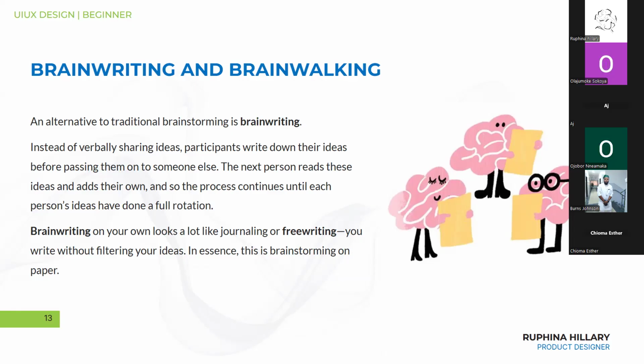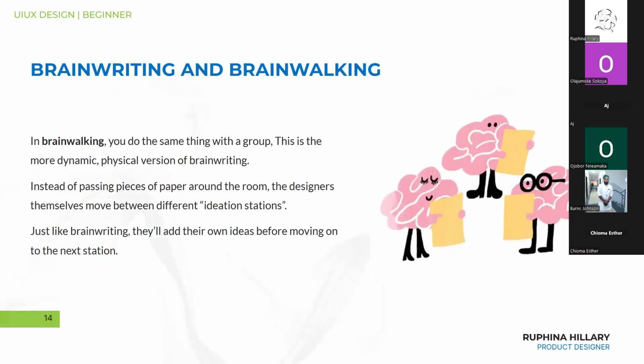So brainwriting is basically brainstorming on paper. You're thinking about it and you're writing it down. In brainwalking, you do the same thing with your group, but it's more dynamic, more physical. You move around.